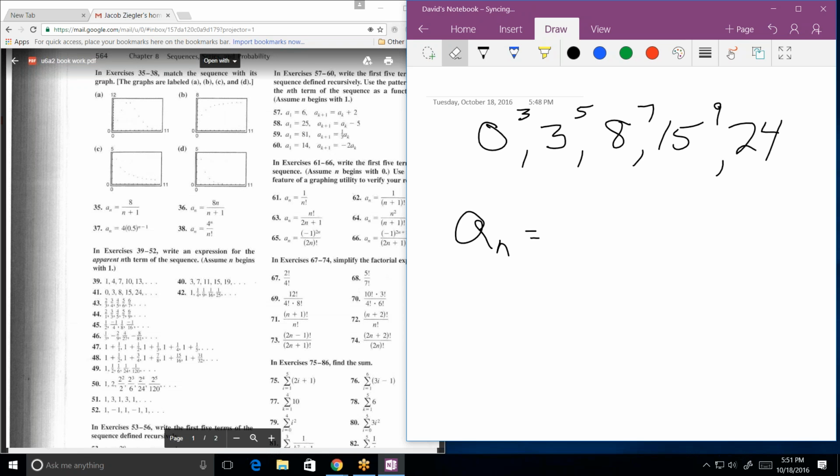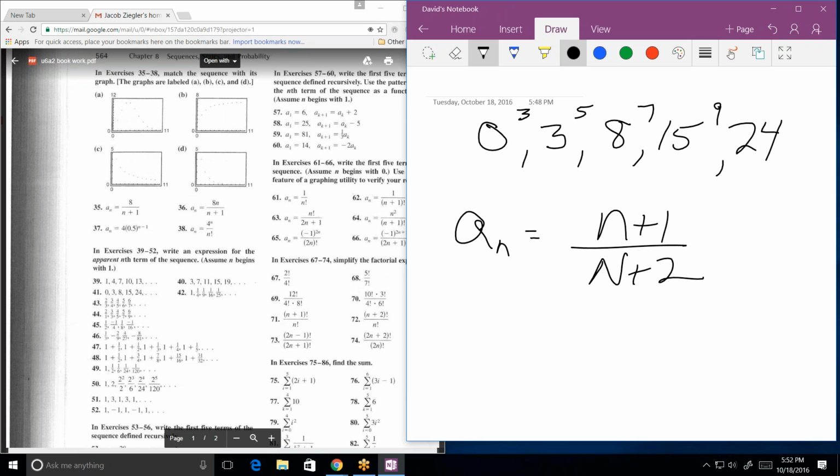I'm kind of getting a clue, though. Let's look at 43 for a moment. Notice what 43 is going to be. The first term is going to be n plus 1 over n plus 2. First term would give you 2/3.